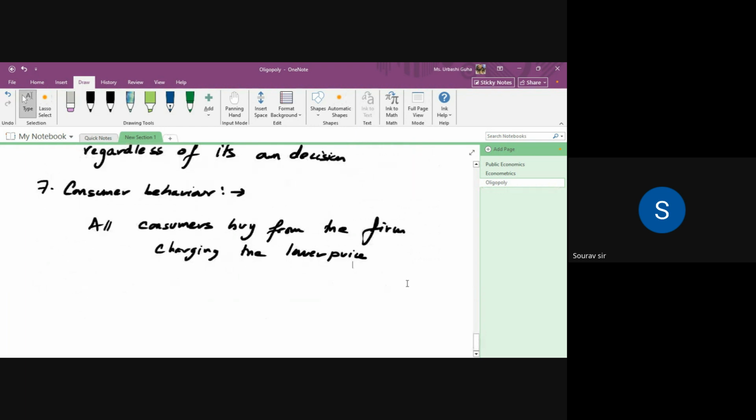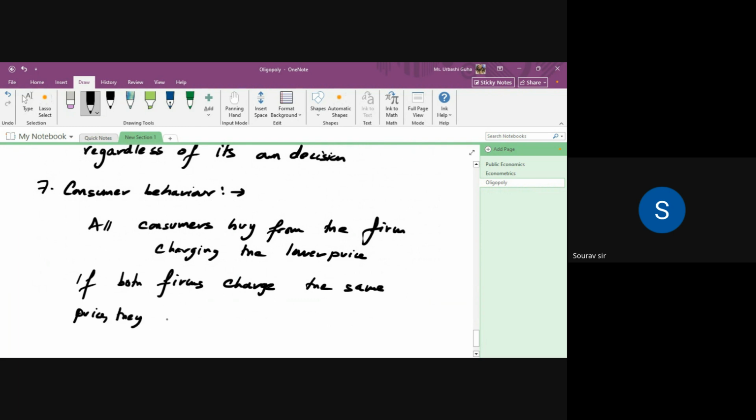And if both firms charge the same price, they split the market equally.